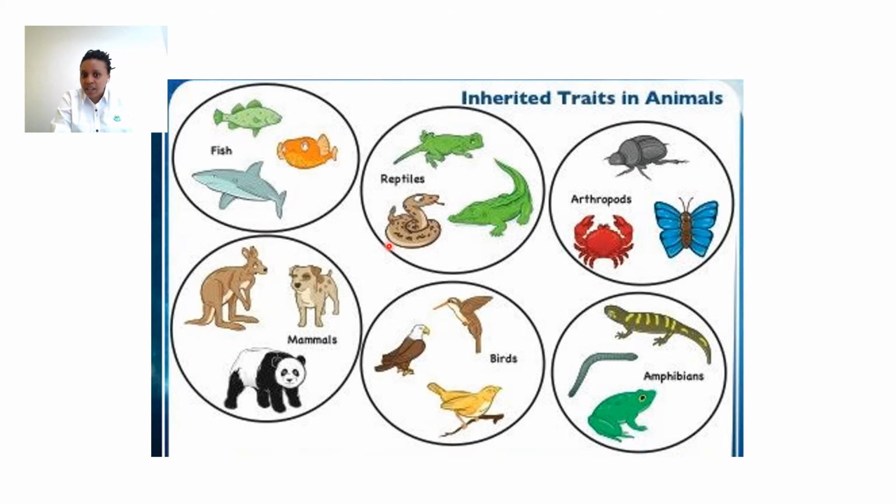You have a snake. So they all have the same common things, traits that they share. You have mammals. Mammals have the same traits. So they give birth. They have 4 legs. Now we have birds that have common traits, so they can fly. Well, some of them can fly, but they have wings.